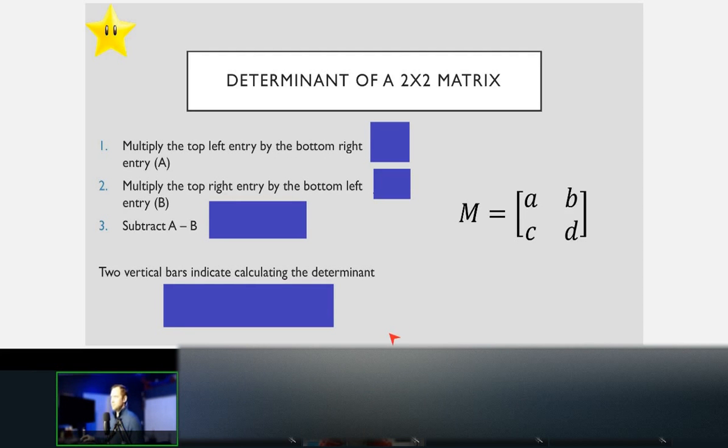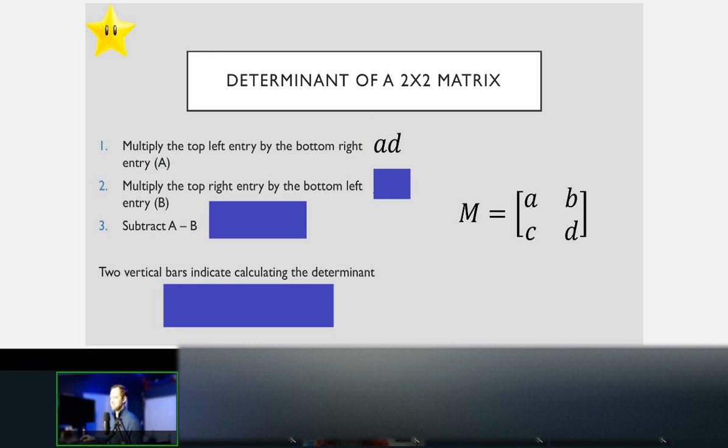Okay, let's see what a determinant really is. So, the determinant of a 2 by 2 matrix. We're going to multiply the top left entry by the bottom right entry. We'll call that step A. Looking at this matrix, we have the elements A, B, C, D. So we multiply top left times bottom right, so A times D. Make sure you write this down in your notes.